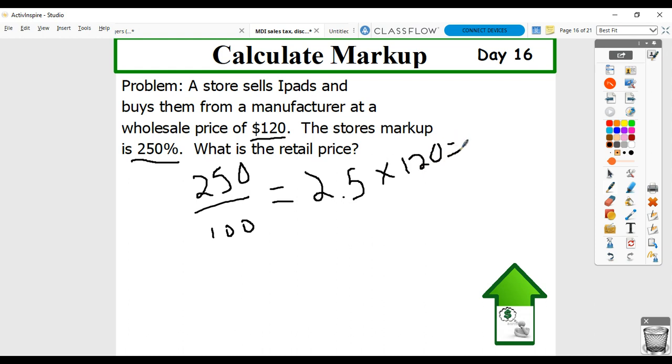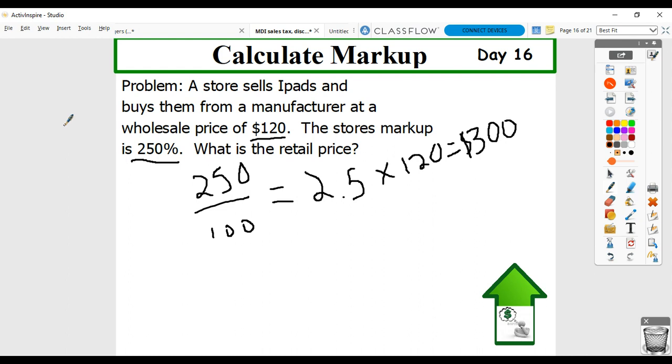And that equals 300. And we know that is $300, so I can label it with my money symbol. Now, because this is a markup problem, real quick, think to yourself, what does markup mean? Hopefully you said markup means add, because it does.